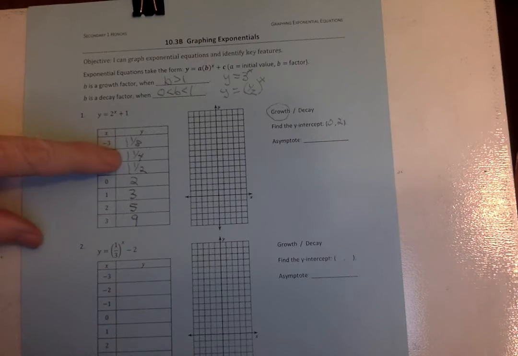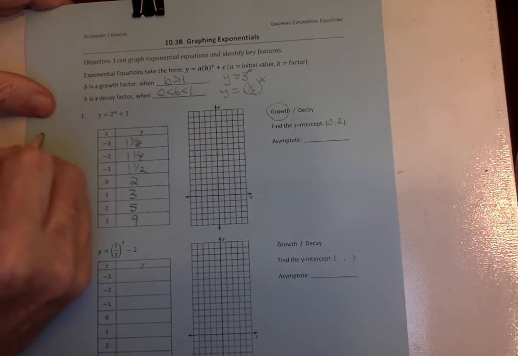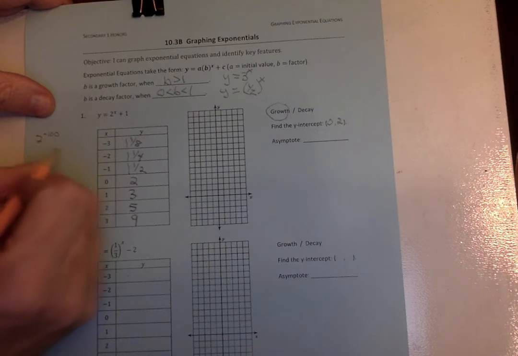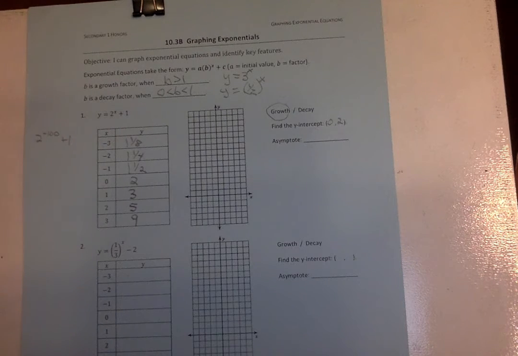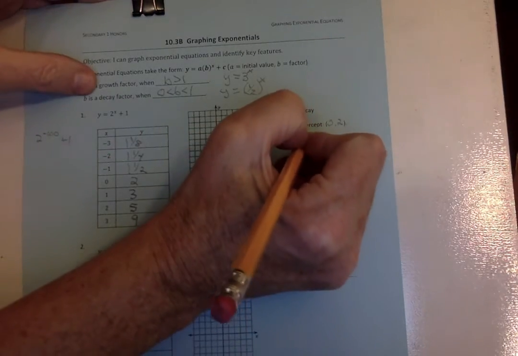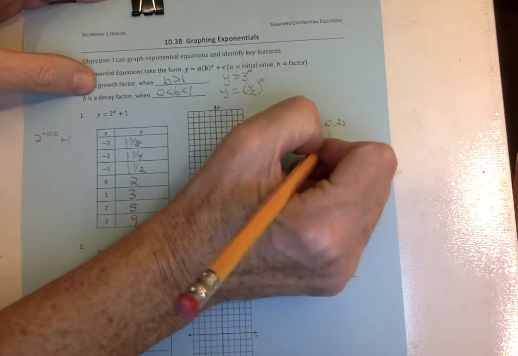This one, what does it look like it's approaching? If I put like a -100, you could try putting 2 to the -100 power plus 1 and see what you get. It's going to be super, super close to 1, but it won't ever reach 1. So we're going to put the asymptote is at y equals 1.